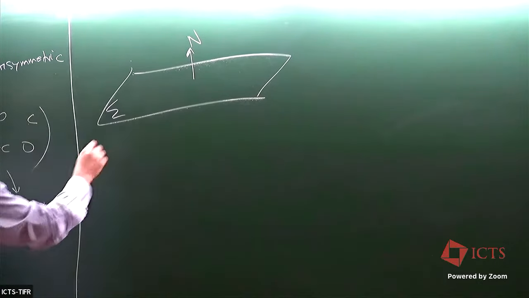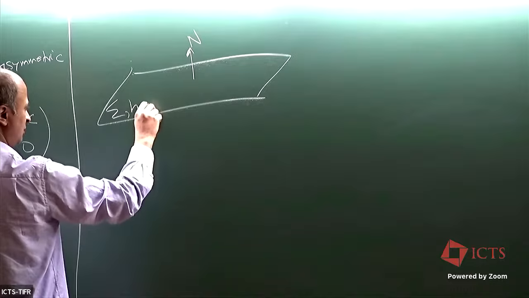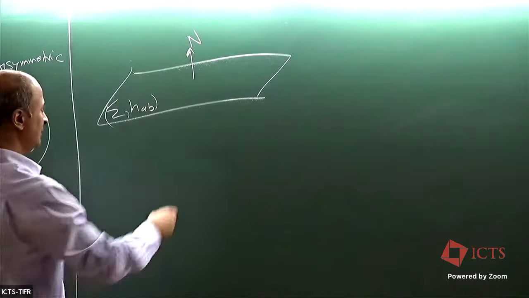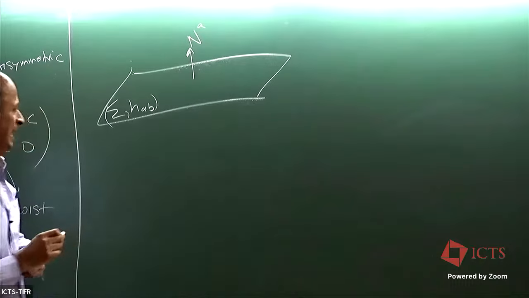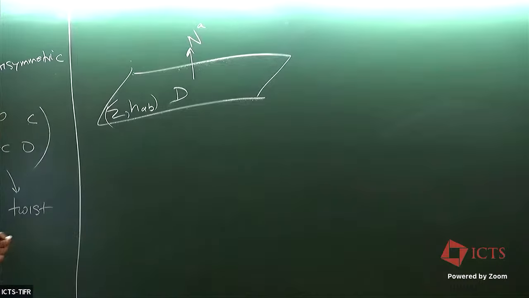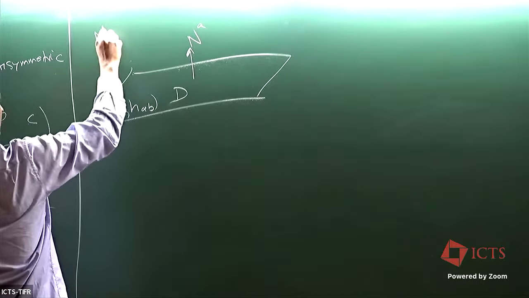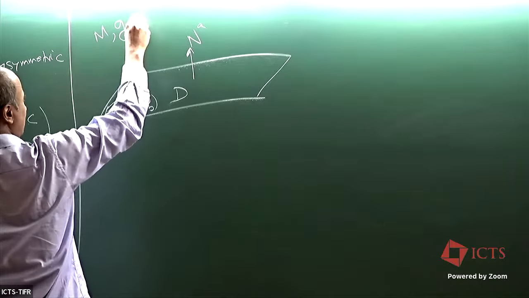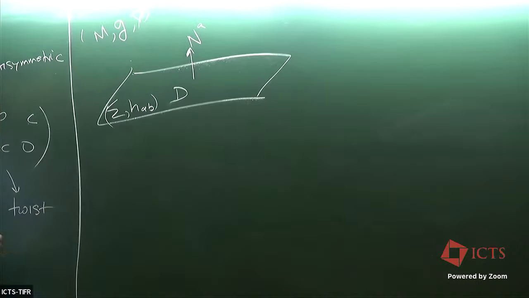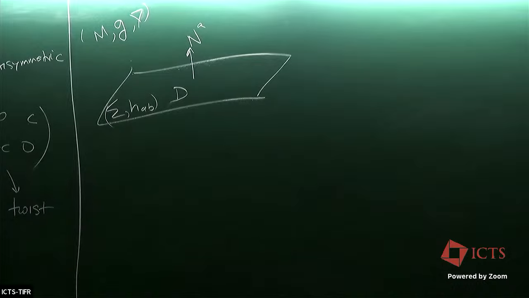The 3-metric on this, let's call it H, and the unit timelike normal big N. Let us call the derivative operator on sigma D, and on this big space M with G. Now you know how this formalism works.